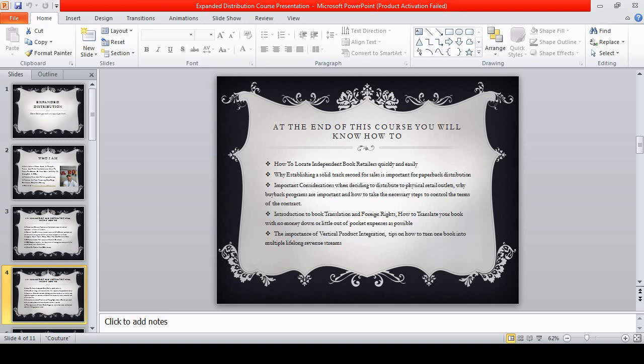Also, we're going to get into the introduction to book translation and foreign rights. Now, this is going to be really exciting, guys, okay? How to translate your book with no money down or little out-of-pocket expenses, and also how to sell your foreign rights. So let's just say you don't really want to spend time messing around with the translation, but you would rather just be able to sell the foreign rights to your book in a global marketplace, right?